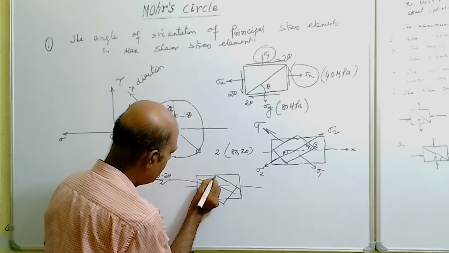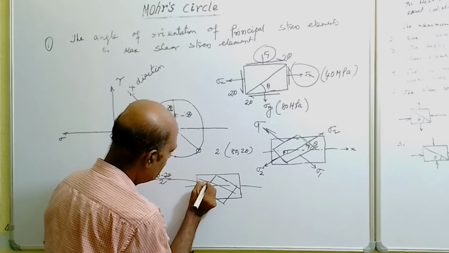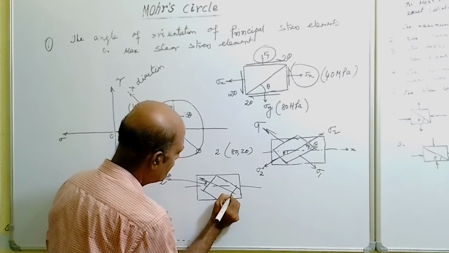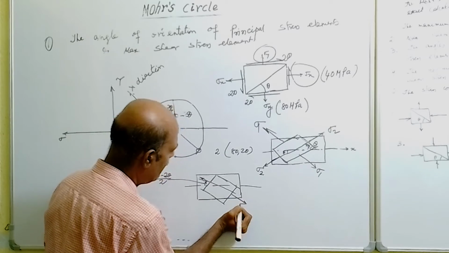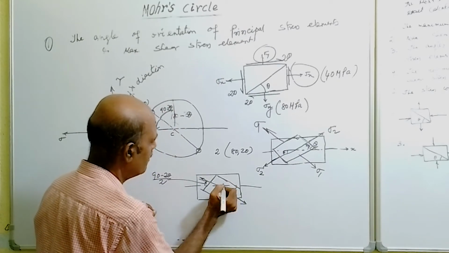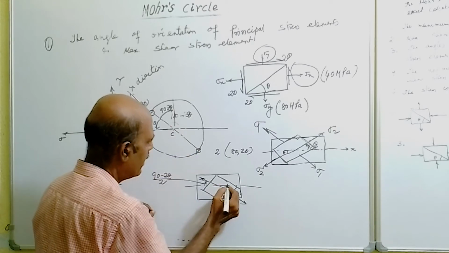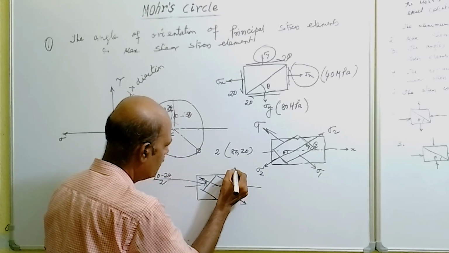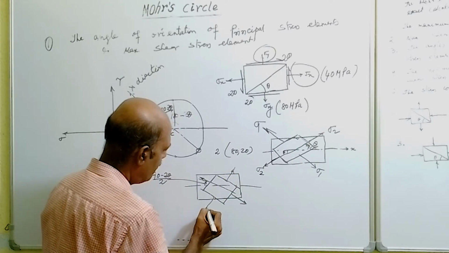So we will get this plane. This plane will have the maximum shear stress, as well as the plane at 90 degrees to this. So this plane will have maximum shear stress.